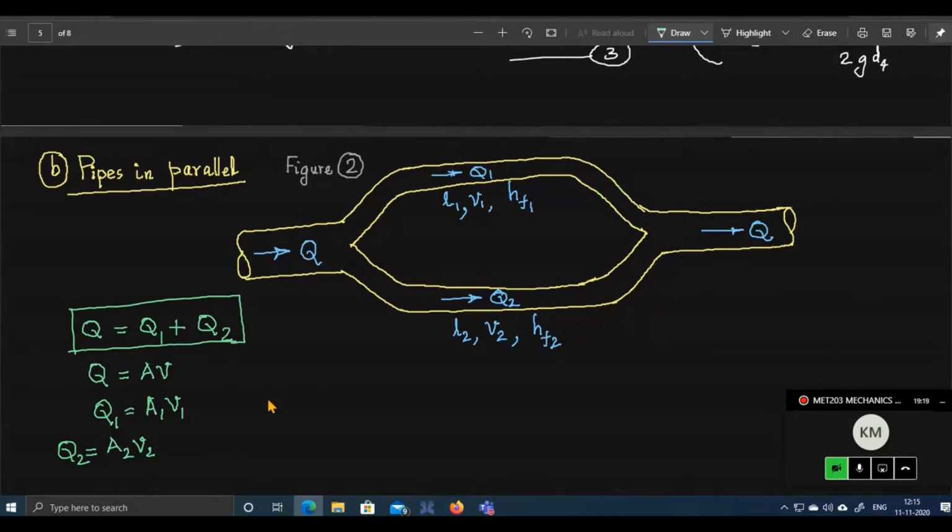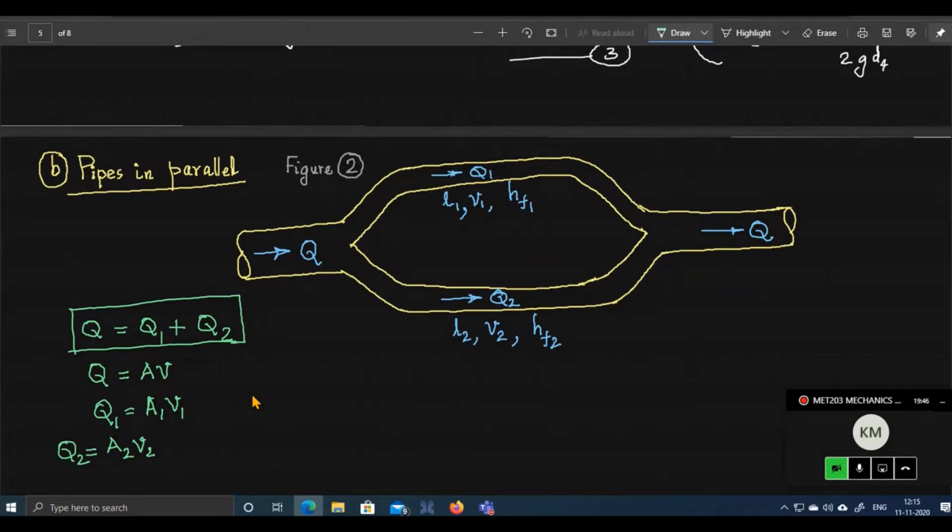That's the most important point and very relevant from the practical point of view. See, just like in an electrical resistance network, when resistances are connected in parallel, what will be the equivalent effective resistance? In series, the resistances are added up. That is, HF, the total head loss due to friction, will be equal to HF1 plus HF2 plus HF3 plus HF4 and so on in series combination.